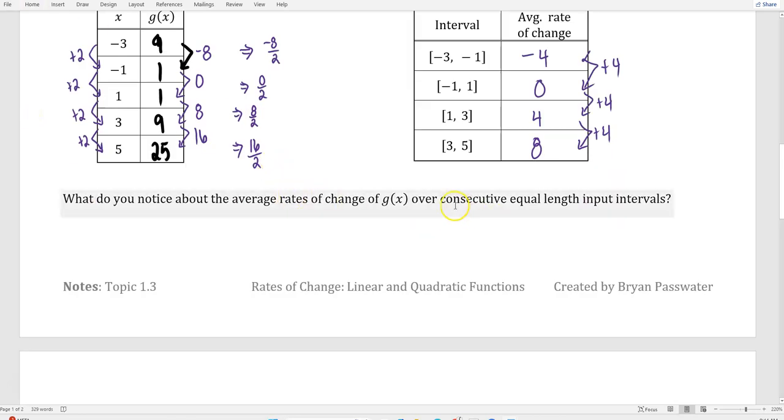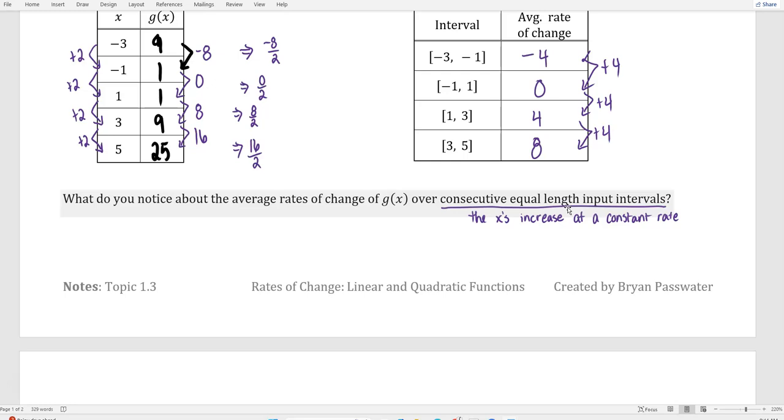So AP likes to use this language right here. What do you notice about the average rates of change of g of x over consecutive equal length input intervals? Consecutive equal length input intervals means the x's increase or decrease at a constant rate. It doesn't have to be like the x's are going up by 1. They can go up by 2s, they can go up by 4s, they can go up by 7s.